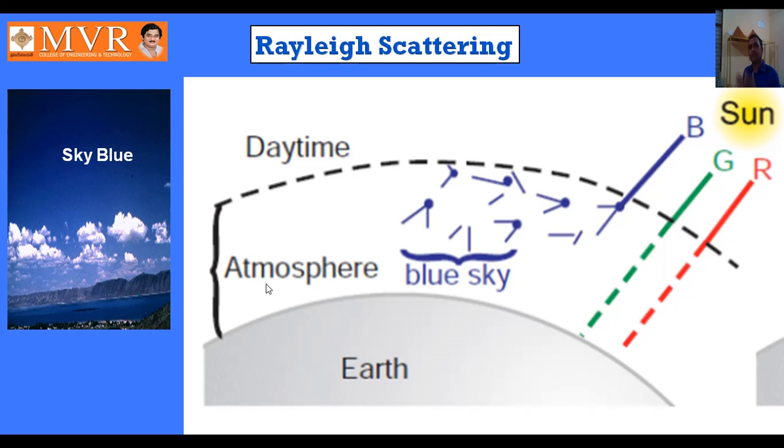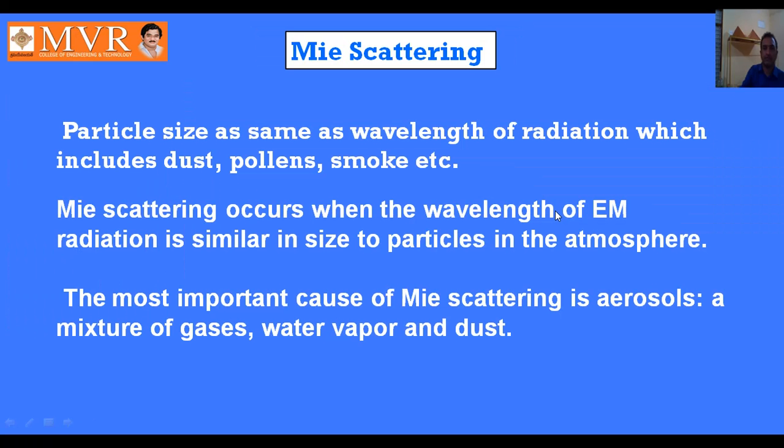Lambda is the incident radiation wavelength. It is high for green and low for blue. That is why, when radiation is incident on small particles, scattering occurs, and this scattering is called Rayleigh scattering.